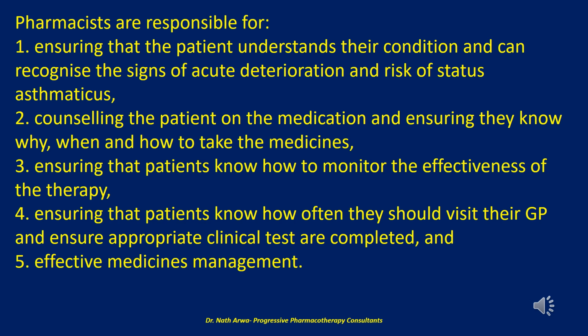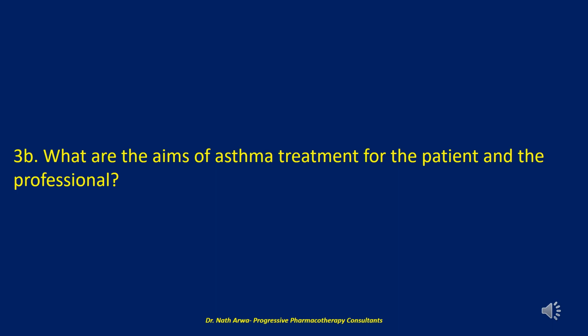4. Ensuring that patients know how often they should visit their general practitioner and ensuring appropriate clinical tests are completed, and 5. Effective medicines management. Question 3b reads, what are the aims of asthma treatment for the patient and the professional?